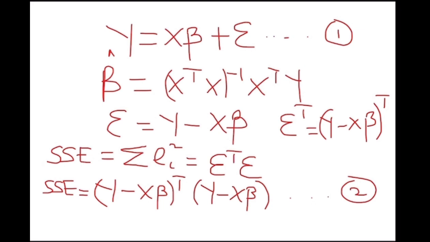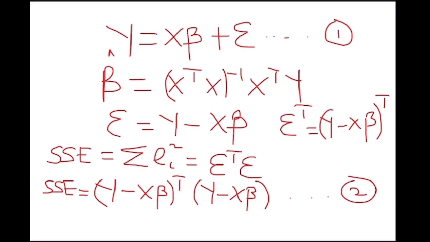So the only way we can minimize this is by seeking the optimal value of beta. And if we're seeking the optimal values of beta, we're going to use an approach that will drastically lead to a reduction in the sum of square error.